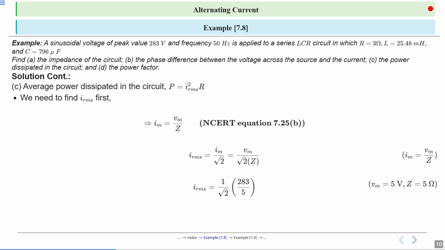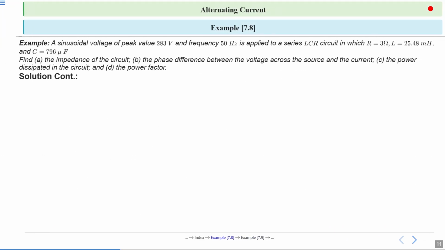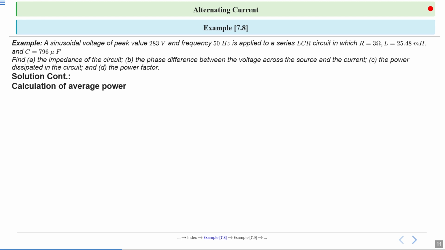So IRMS is equal to 283 upon root 2 times 5. After solving it, IRMS will be equal to 40 ampere. So we have calculated the IRMS value. Now we will calculate the average power dissipated in the circuit, which is given by P equal to IRMS square R.